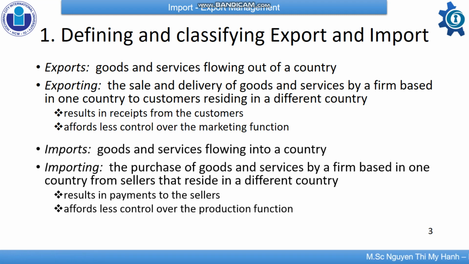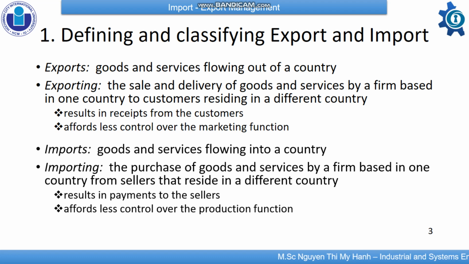How about imports? Imports is when the goods and the services flow into a country. I will give you an example later so that you will have a clearer idea about export and import. So it's converse to export.